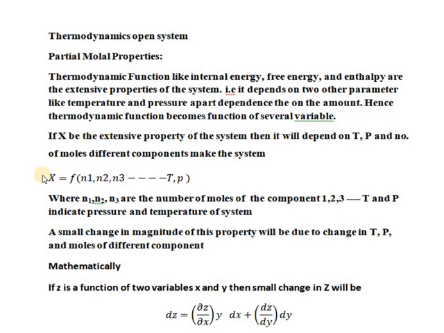So X is a function of n1, n2, n3 and so on, at constant temperature and pressure, where n1, n2, n3 are the numbers of moles of components 1, 2, 3, and T and P are the temperature and pressure of the system.